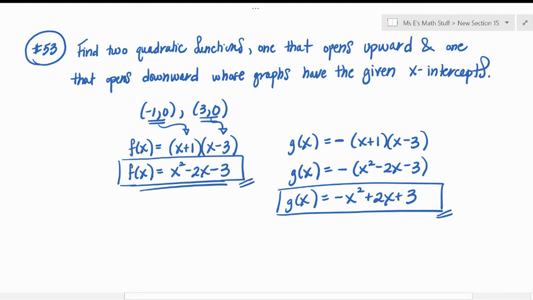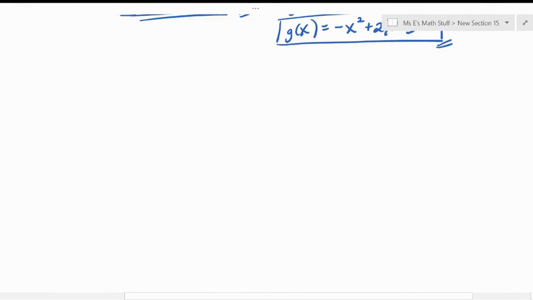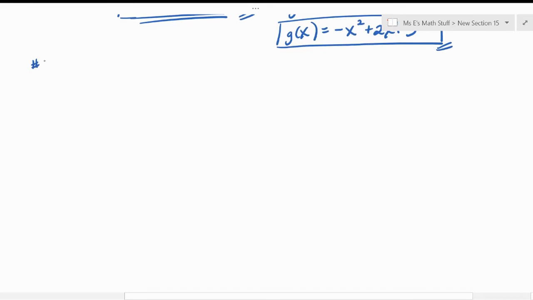Another problem that people had questions about: problems 57 and 59, and they're both really similar. 59 is a little bit tougher, so I will choose to demonstrate problem 59.